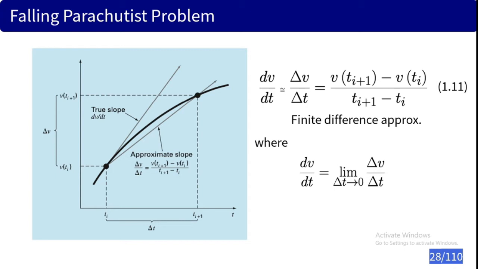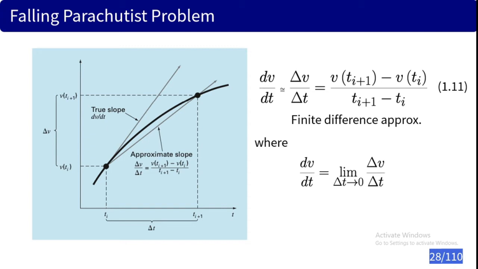So we convert it into a finite difference approximation: delta v over delta t is equal to the velocity at t sub i plus 1 minus the velocity at t sub i, over the difference of t sub i plus 1 minus t sub i.